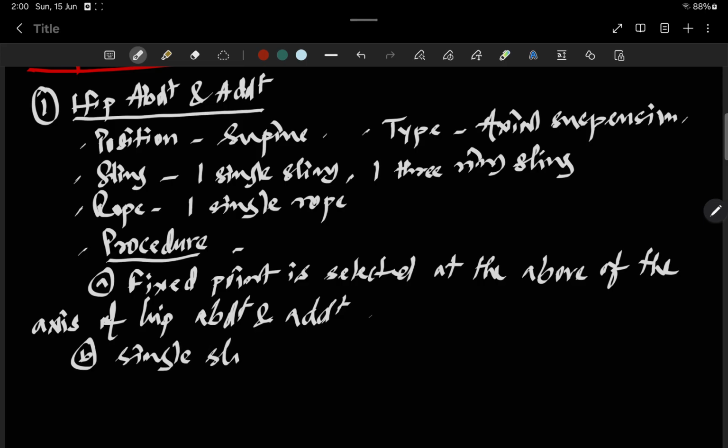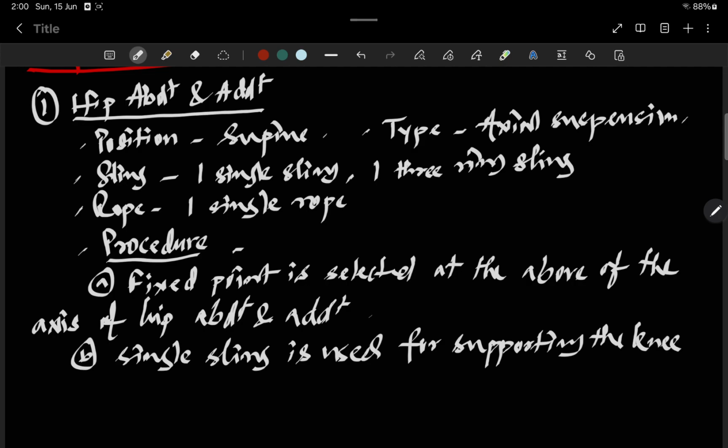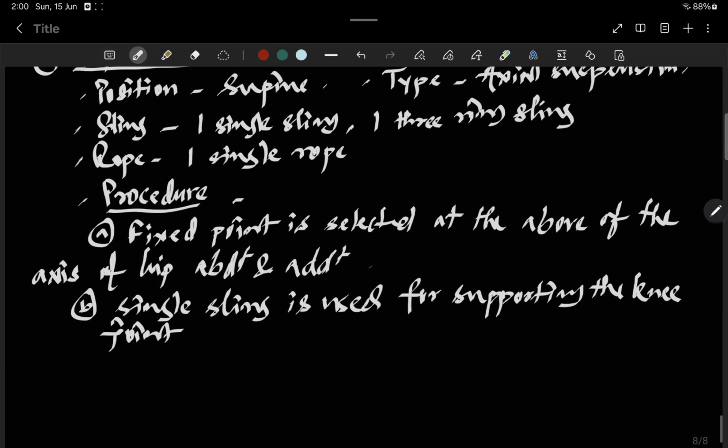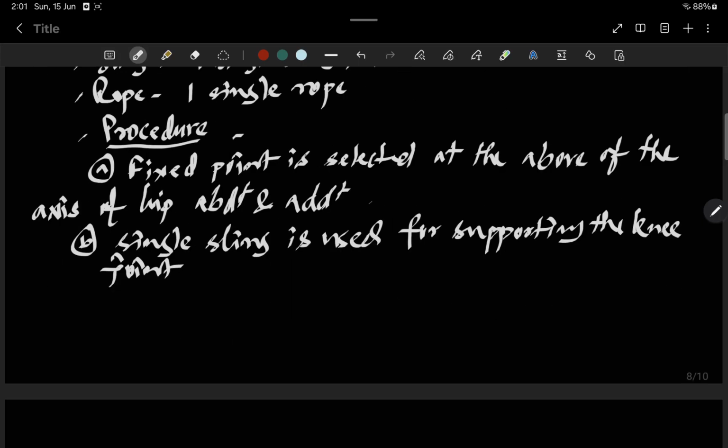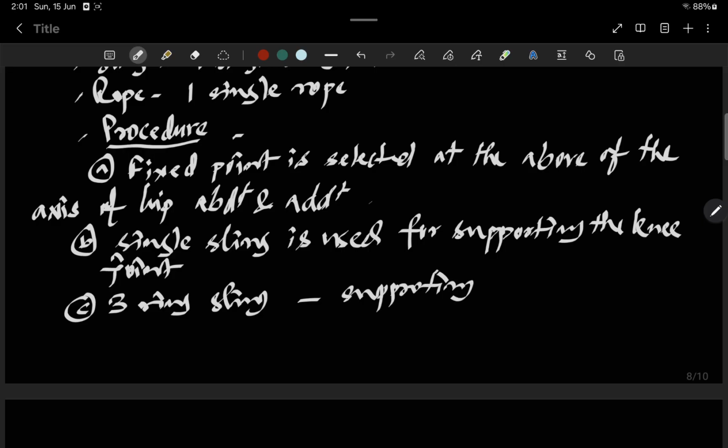Single sling is used for supporting the knee joint. Three ring sling is used for supporting the ankle joint.